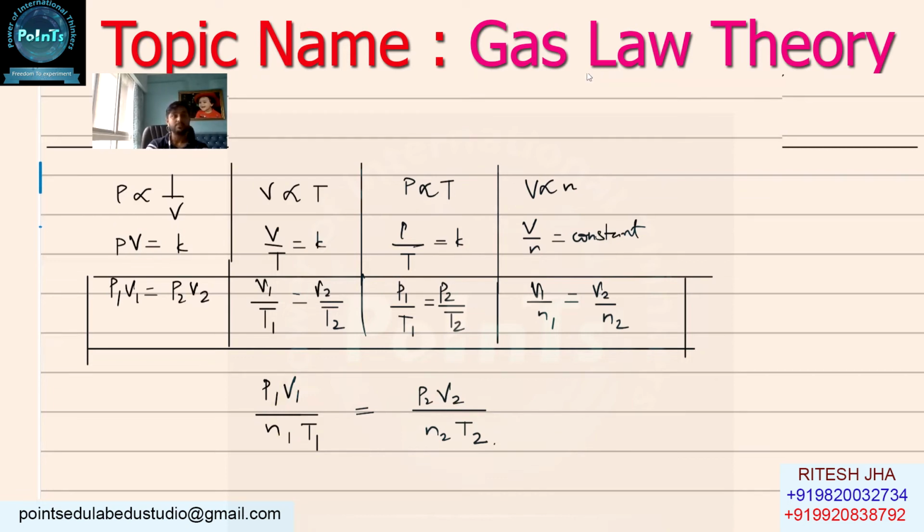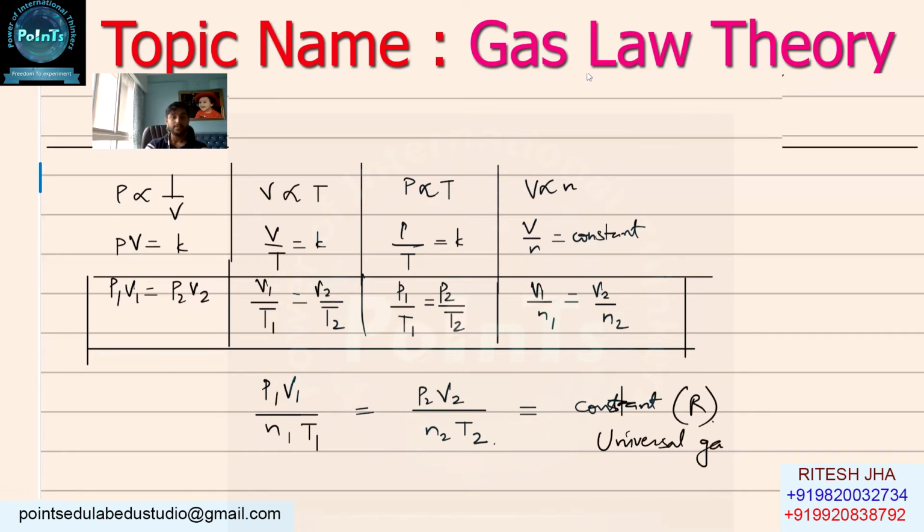Now, this whole thing is equal to a constant, and that constant is denoted by the letter R. This is known as the universal gas constant.